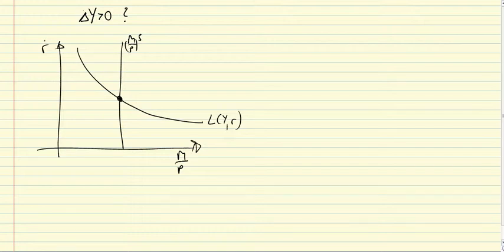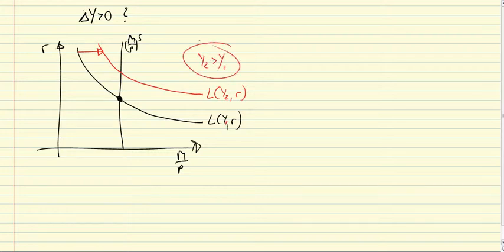Since Y is exogenous in this diagram, we get a rightward shift of this curve. So we get a rightward shift here, and we have L(Y2, R), where Y2 is larger than Y1, the original income.